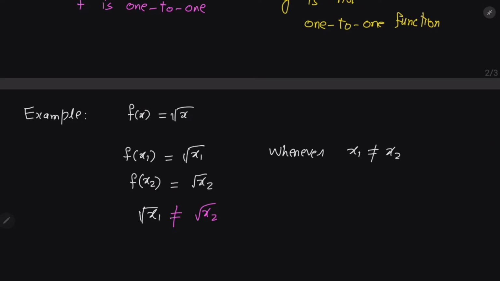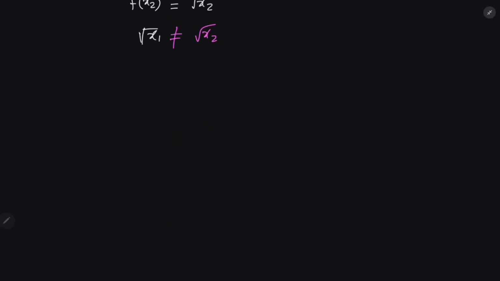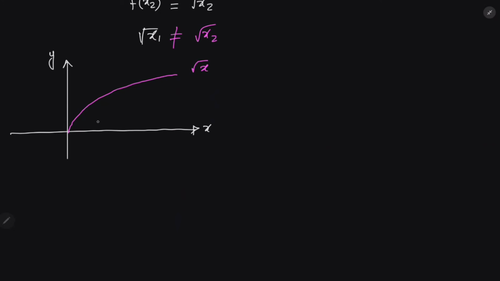If we draw that function, we will see that it has actually satisfied the one-to-one definition. Suppose we have this function x under root. This is y is equal to x under root. For each input value, for example this is input value x1, it has f of x1, and similarly for x2 we have f of x2.